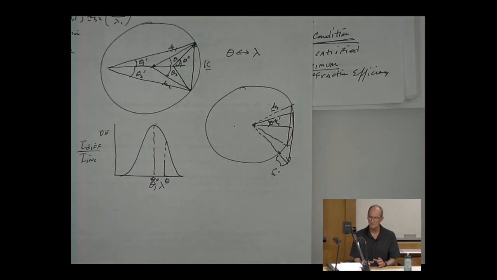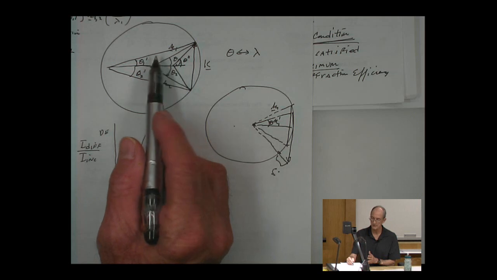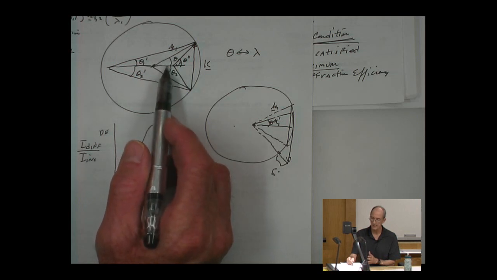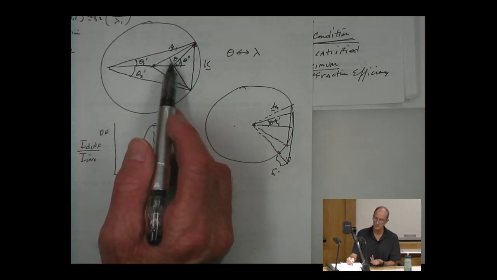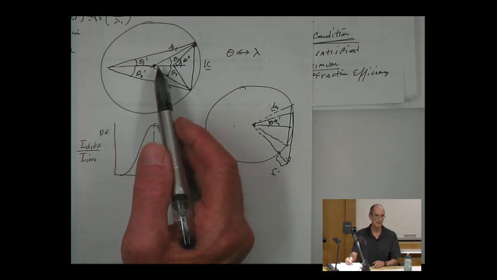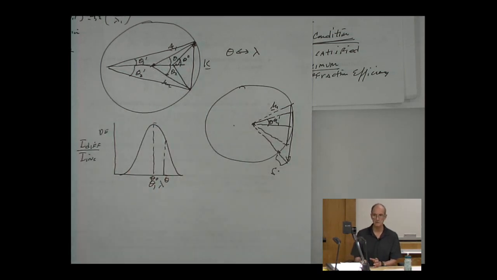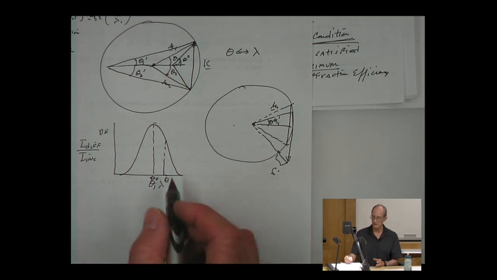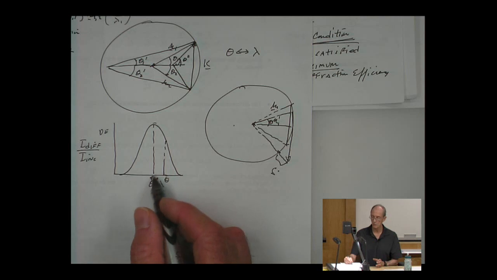It's an important result that we can get perfect Bragg matching if we change wavelength, but we'll have to change the angle in order to get that. If we only change one of those parameters, we're not going to get perfect Bragg matching, and that's going to result in a detuning away from the Bragg condition and a decrease in the overall diffraction efficiency.